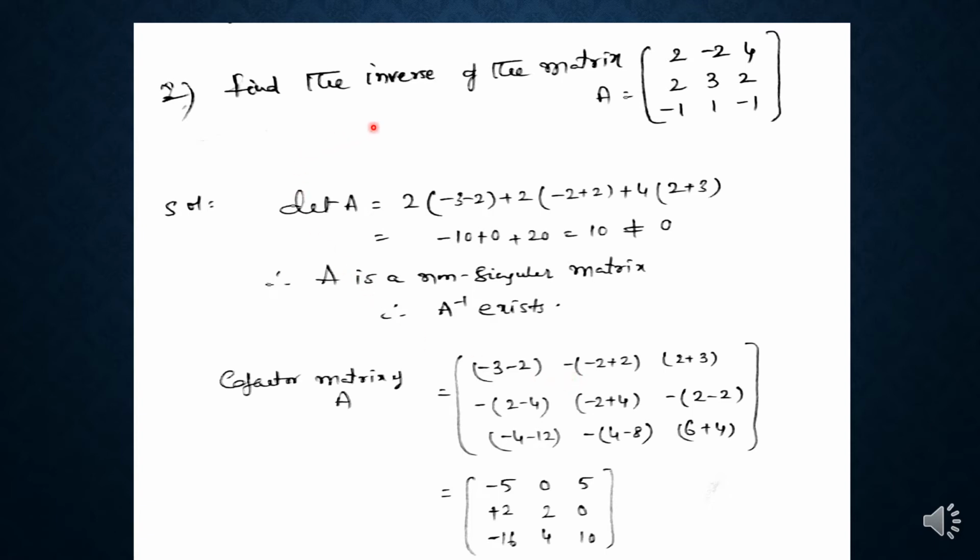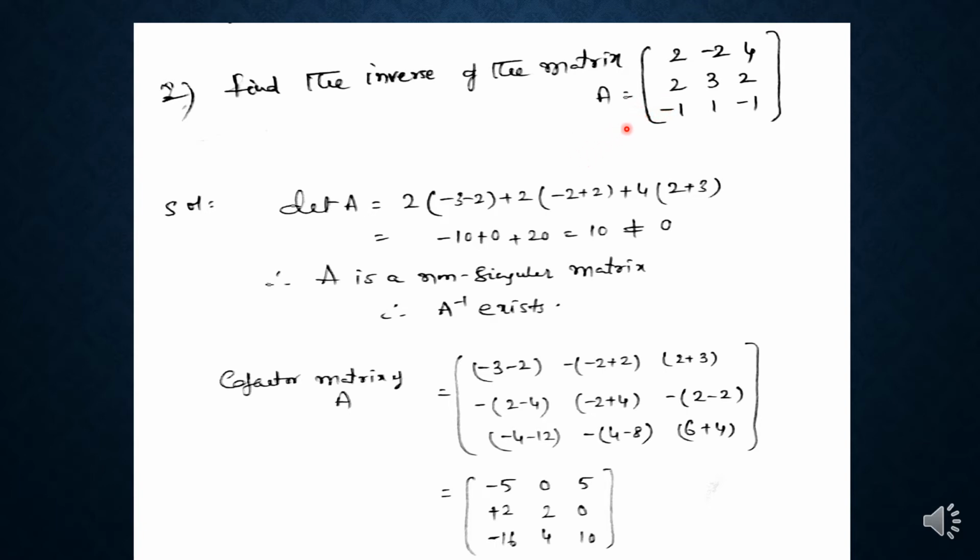Next problem. Find the inverse of the matrix A is equal to 2 minus 2 4, 2 3 2, minus 1 1 minus 1. So we have given a 3 by 3 matrix to find the inverse of the matrix. So at first we should find the value of det A. If det A is not equal to 0, if it is a non-singular matrix, then only the inverse of the matrix exists.